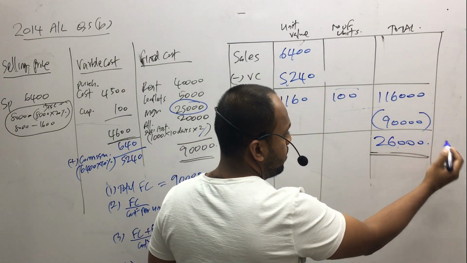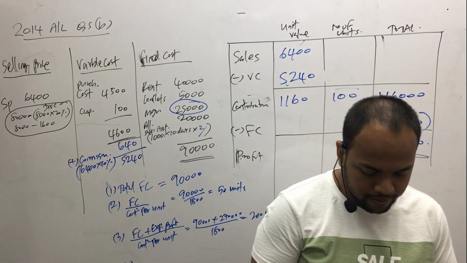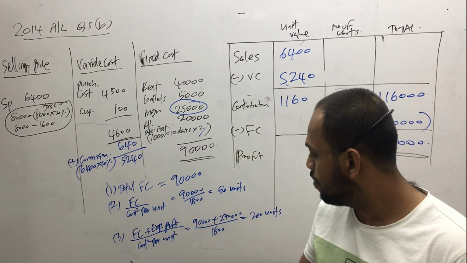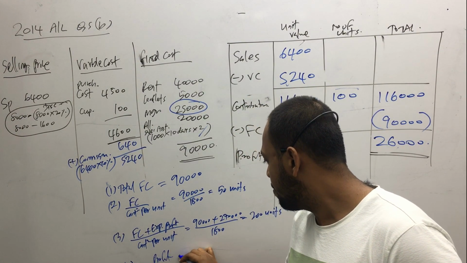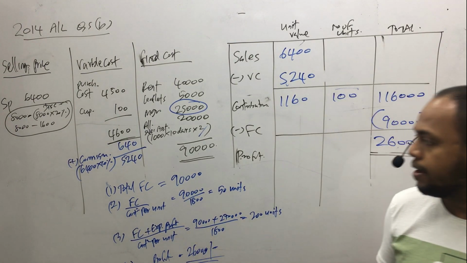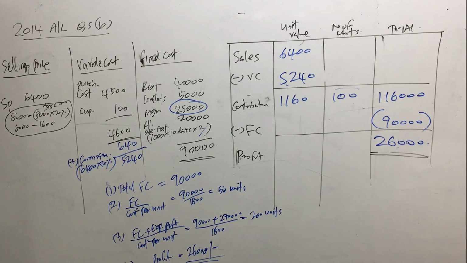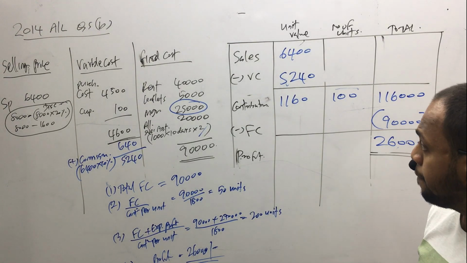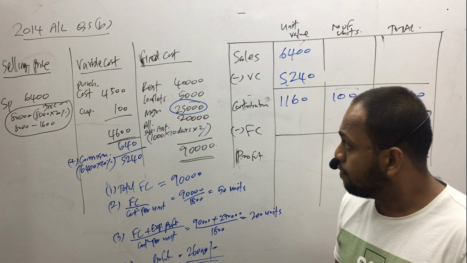The profit will be 26,000. Right. So this is how you do the calculations for this question.